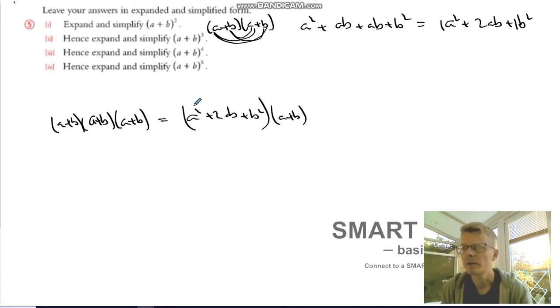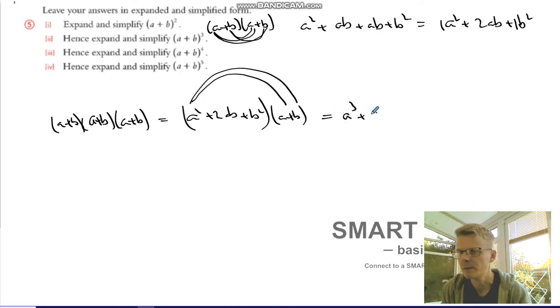And take our time. So a squared times a, which is a cubed. And I've got a squared times b, which is a squared b. And then we have got 2ab times a, which is 2a squared b. And then we've got 2ab times b, which is 2ab squared.